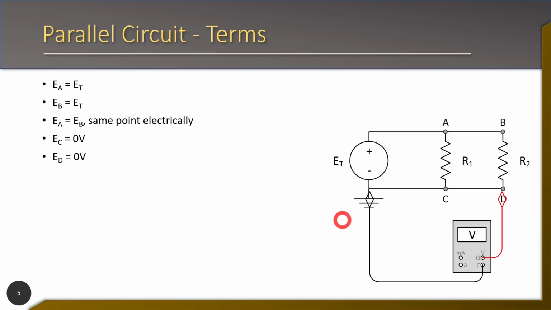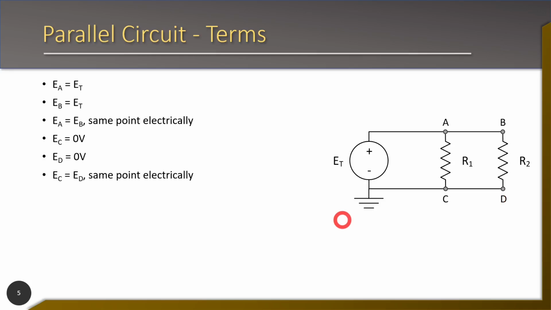We're measuring the same point on the power supply. So therefore, since they're both at 0 volts, both at the negative of the power supply, we say they are the same point electrically. So that's where that term comes from. They're electrically at the same point on the circuit.